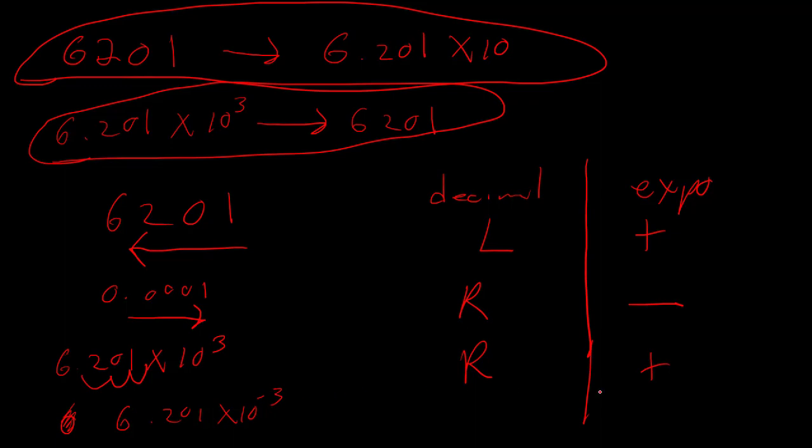And also if we had a negative exponent, we would move it to the left to get it to a regular number. So it goes to the left like this, and this goes to the right.